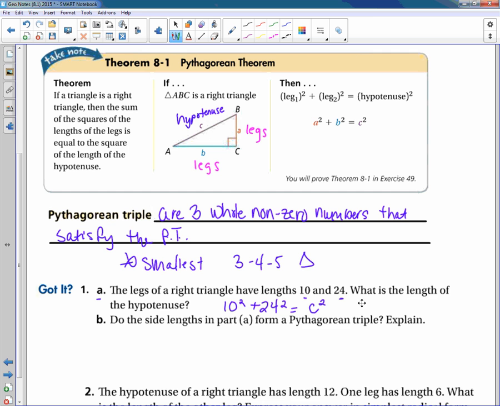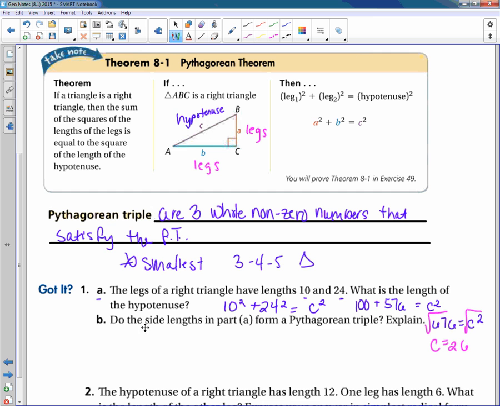So 10 squared is 100, 24 squared is 576, and that's going to equal c squared. If we add those together, we get 676 equals c squared. We'll square root both sides, and c will equal 26.